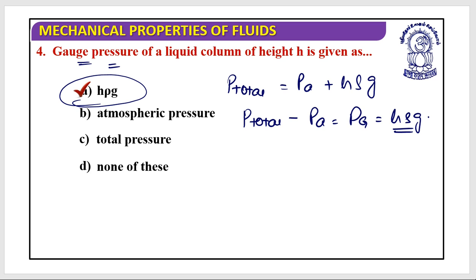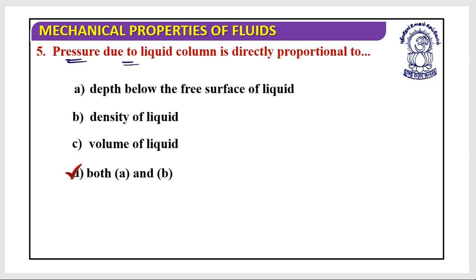It is the pressure difference which will give me h rho g. Next, pressure due to a liquid column is directly proportional to the depth below the free surface. Yes, it depends on h, it depends on the density. Volume of the liquid, no. So it's both A and B.